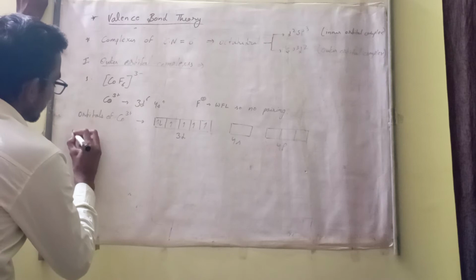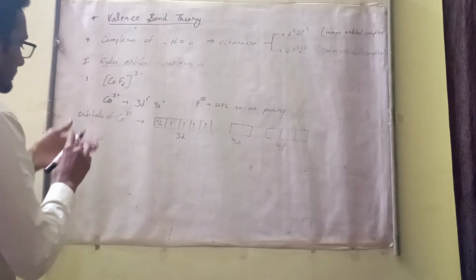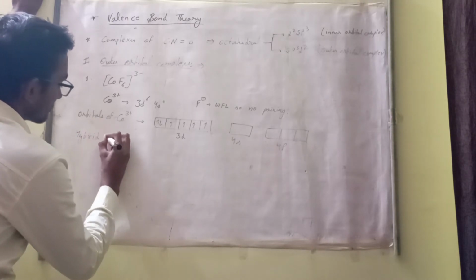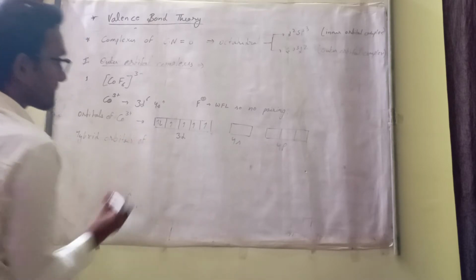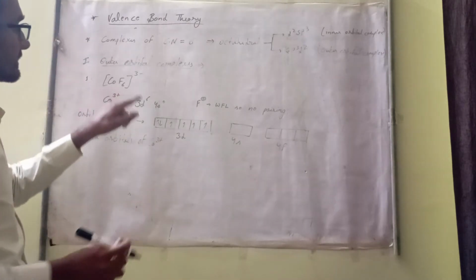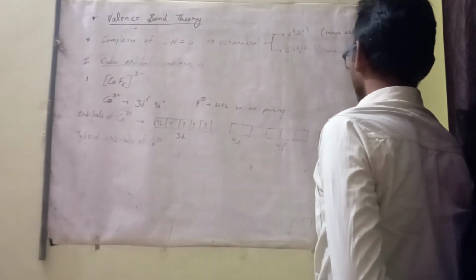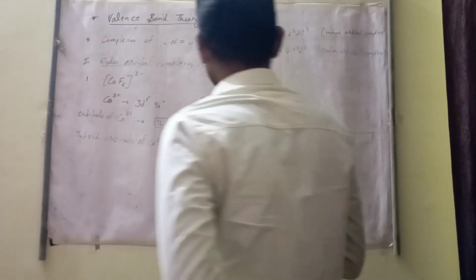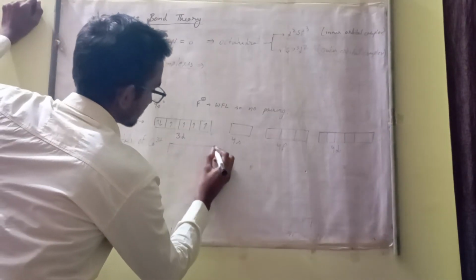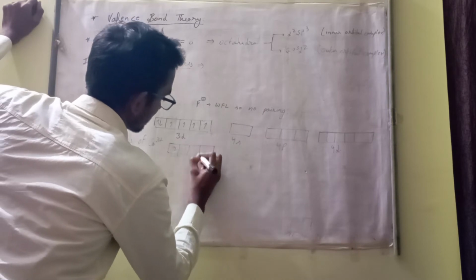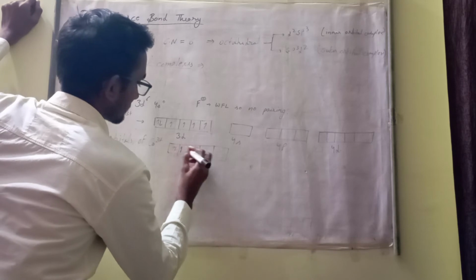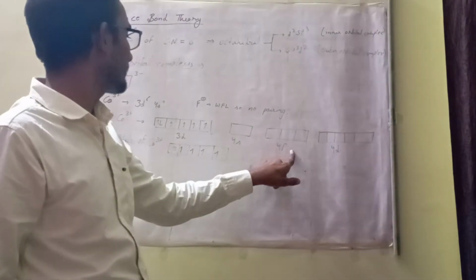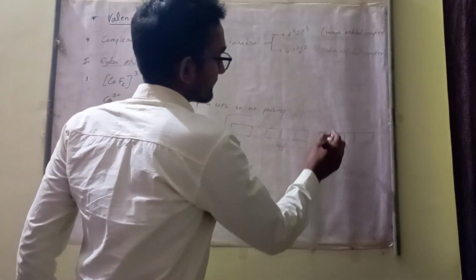And the hybrid orbitals of Co3 plus are... okay, these are 4d orbitals. 3d orbitals as it is, and the hybrid orbitals are formed by 1 s orbital, 3 p orbitals and 2 d orbitals. These are involved in the formation of hybrid orbitals.